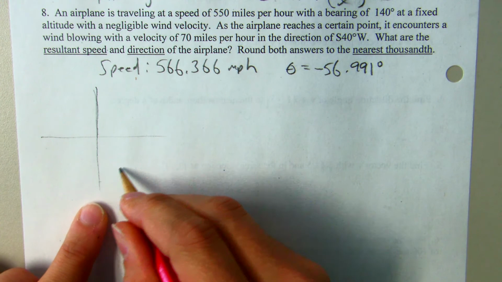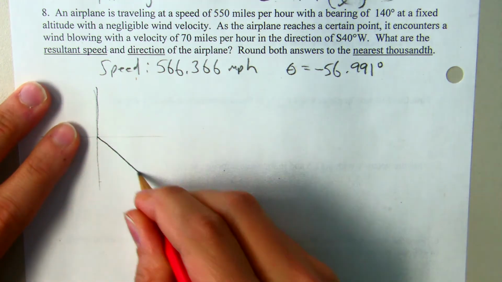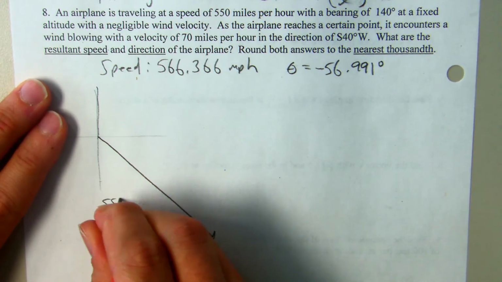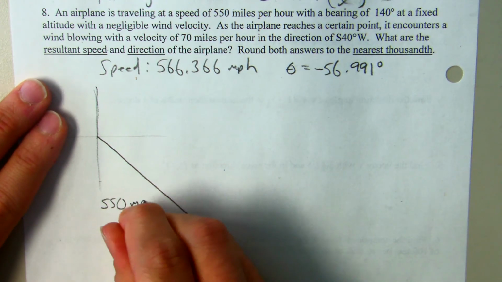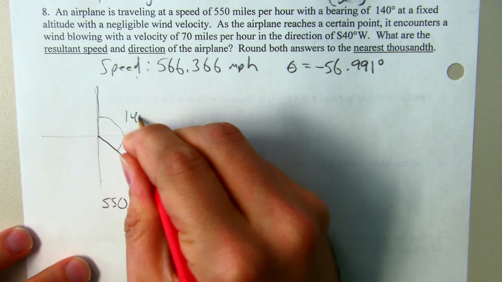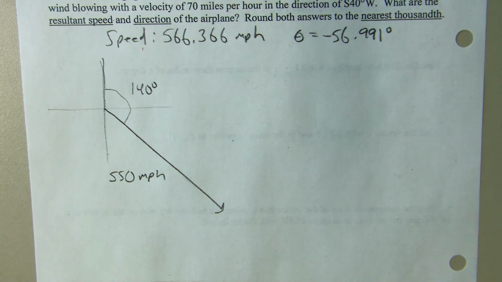So 140, close to the middle there. Let's head it this way. And its magnitude is 550 miles per hour. So from here to here is 140. All right. You gotta know how a bearing looks for you to get that angle.